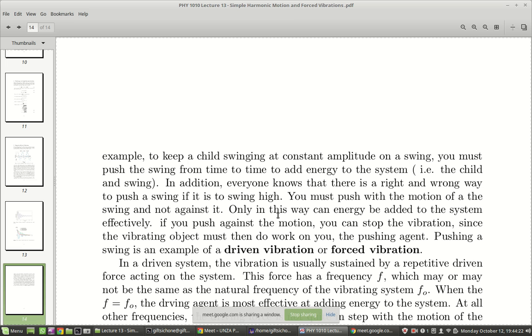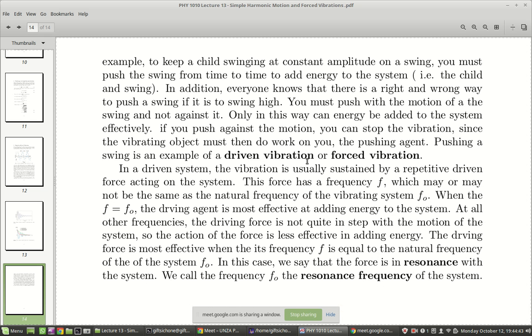Okay? When the frequency with which you're applying a force, F, is equal to the frequency with which the system naturally vibrates, then you're going to have maximum amplitude.